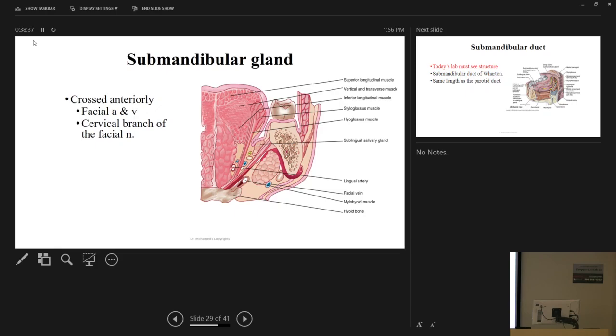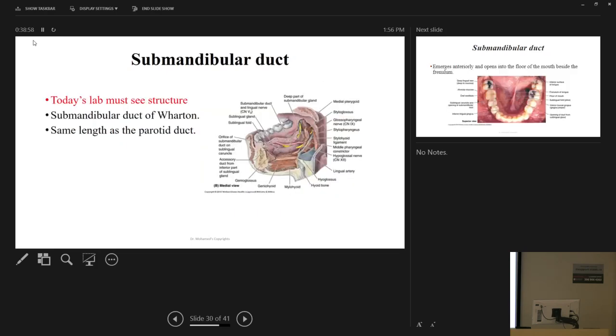It supplies which muscle? The platysma muscle, right? Because superficial to this part is going to be the platysma muscle, right? So it's crossed anteriorly by the cervical branch of the facial nerve on its way to innervate the platysma, right?